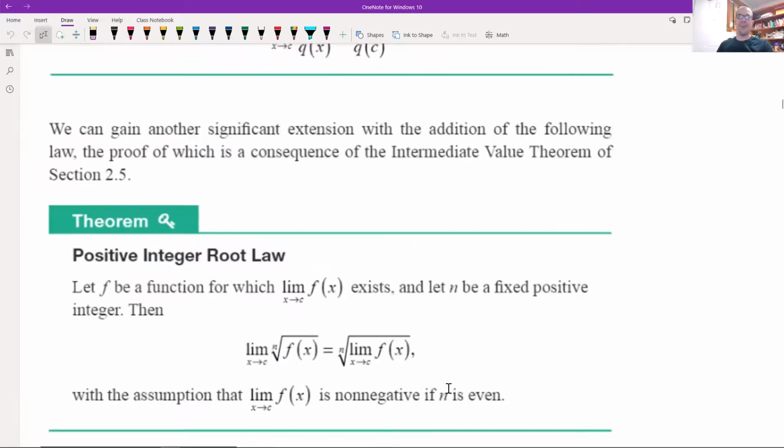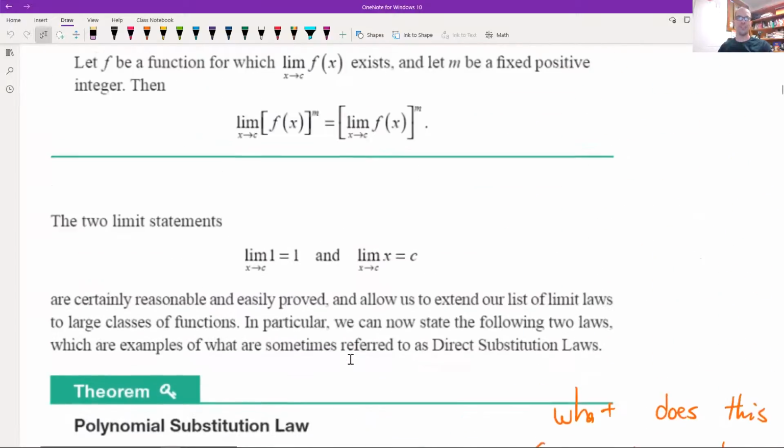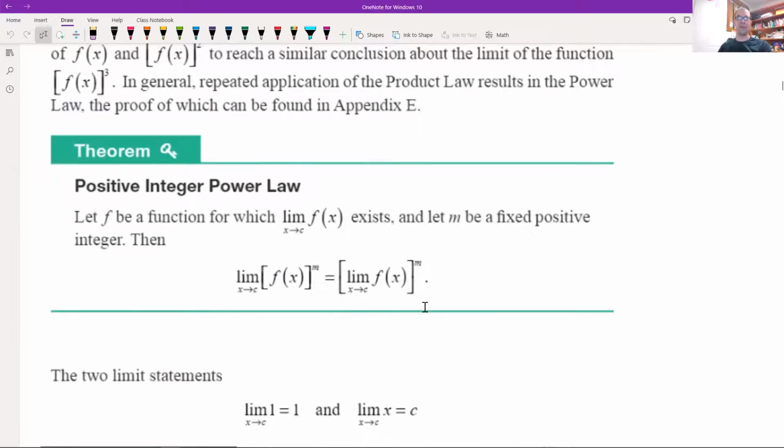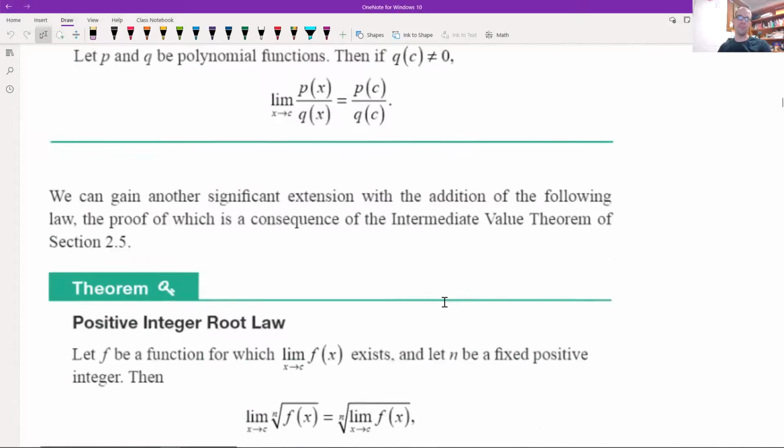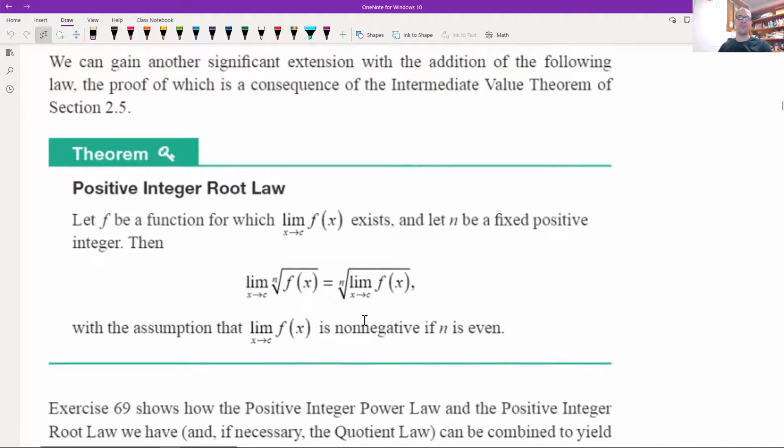And then another one, we've got the positive integer root law, where, very similar to the integer power law, we've got roots now instead of powers. Those behave nicely with limits as well. And sometimes it's a lot easier to evaluate the limit of f of x rather than evaluating the nth root of some function of x.